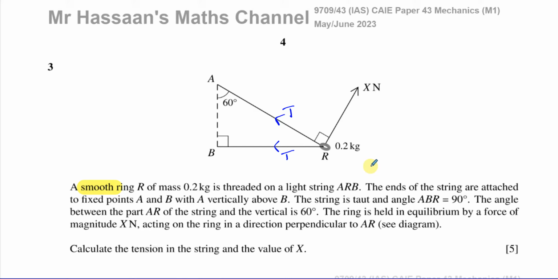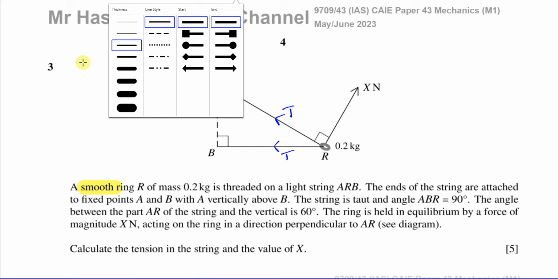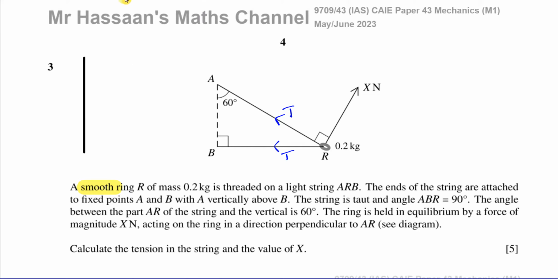Secondly, sometimes when you have questions dealing with rings, and I know this is a question many of you have, you have a ring threaded around a rod, and you have a tension this way. Now you're going to have a reaction force perpendicular to the surface. Now there's no surface here. It's just a string. It's not like a metal solid surface that it's in contact with.